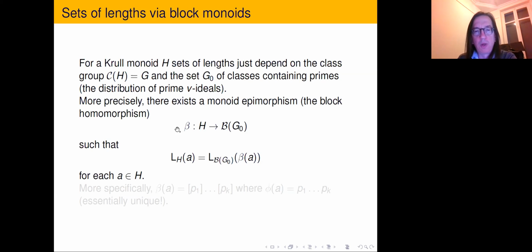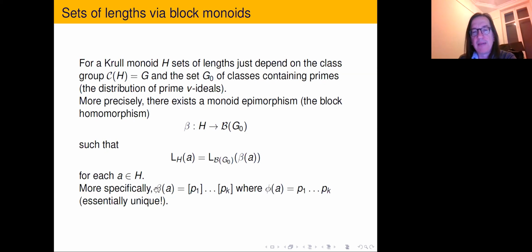And one has a transfer homomorphism, in this case called block homomorphism, which is defined like this. For an element, I map it to the classes of prime divisors that occur in the image of this map.